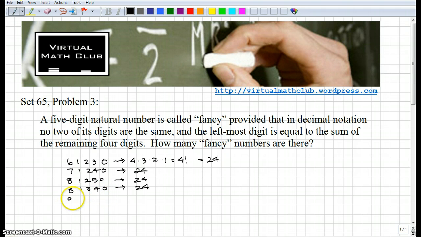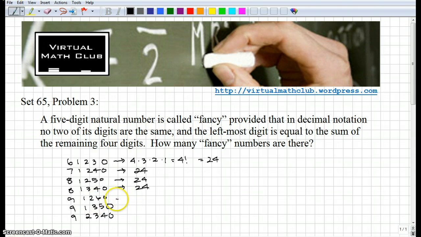Alright, let's look at 9. For 9, we could do 1, 2, 6, 0. Or we could do 1, 3, 5, and 0. Or we could do 2, 3, 4, and 0. I'm just starting with the 8 and adding 1 to each of the different digits to get these 3 types of fancy numbers.